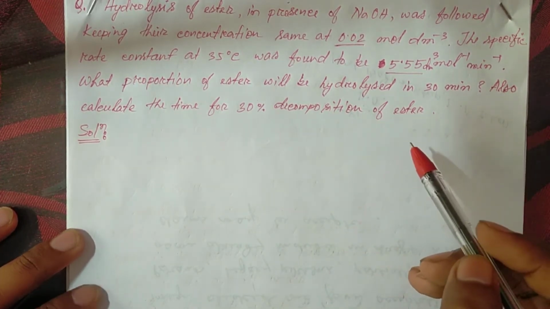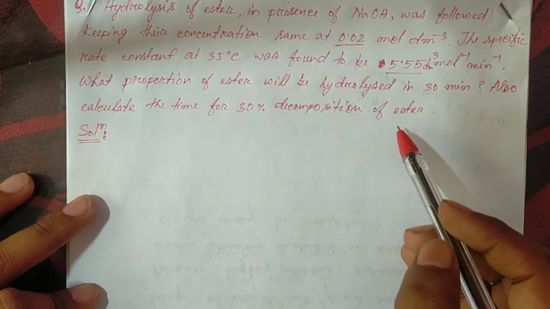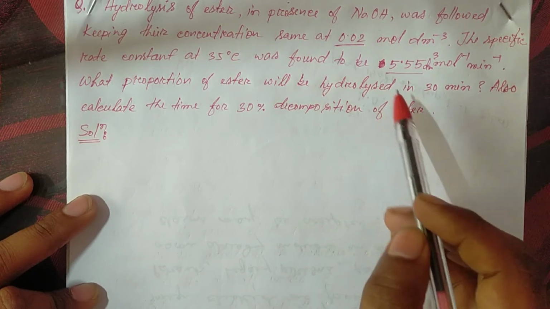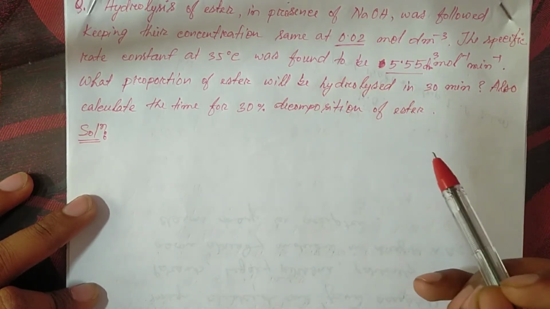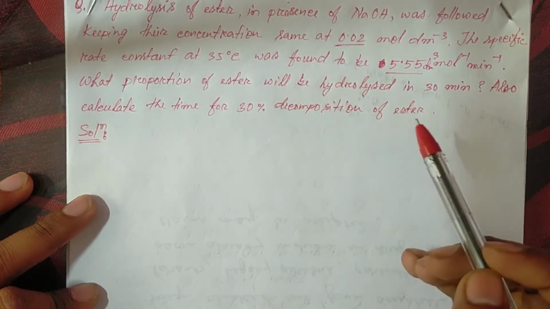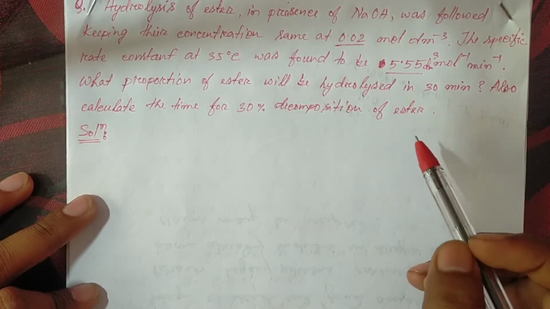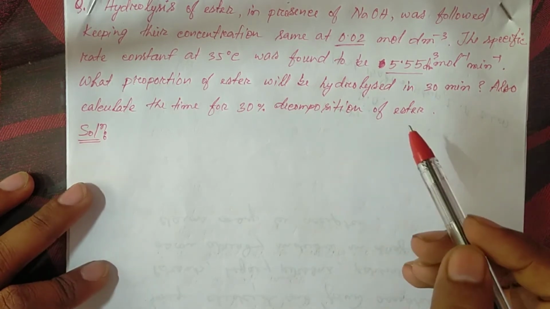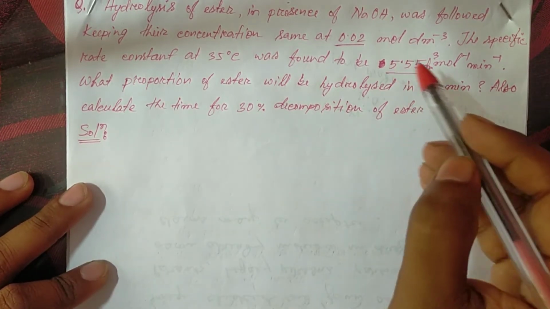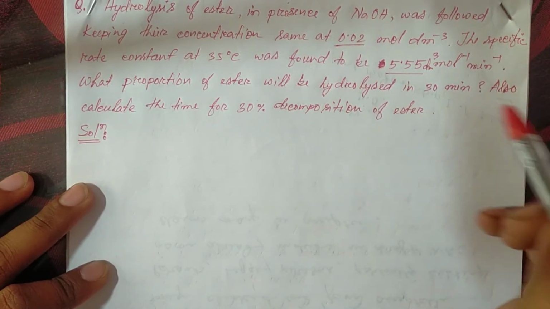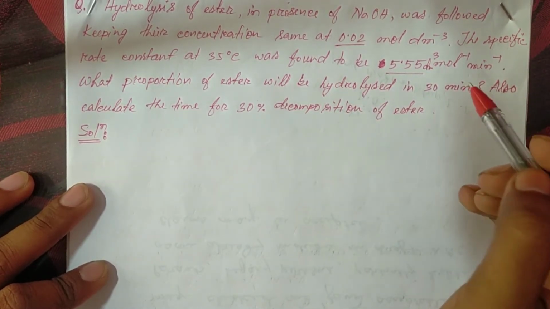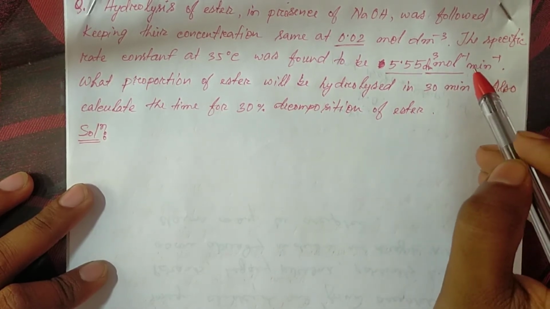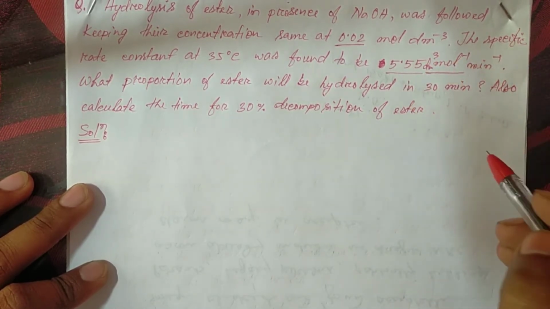So in this question you can see that it is not mentioned what type of reaction it is. That means what type of order, first order, second order, zero order, it is not mentioned, but you can evaluate what type of reaction it is. So from the unit of rate constant you can say what type of order it is.